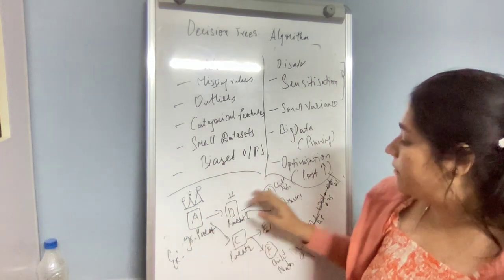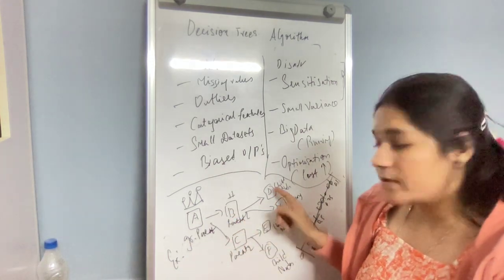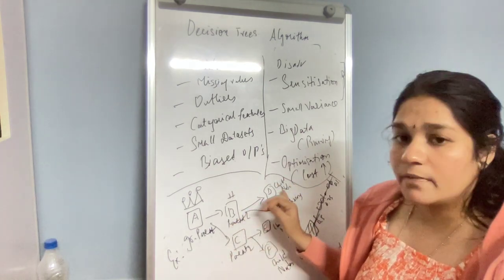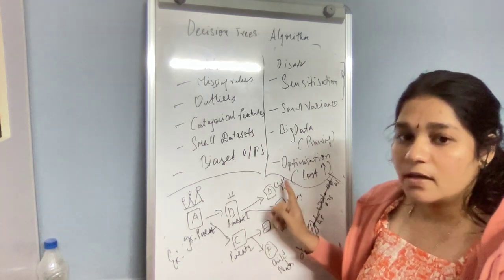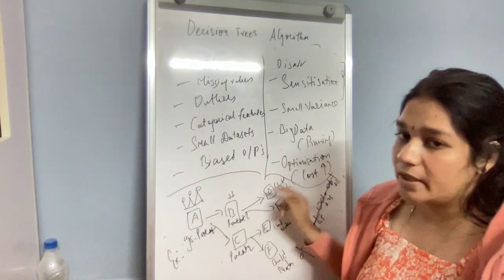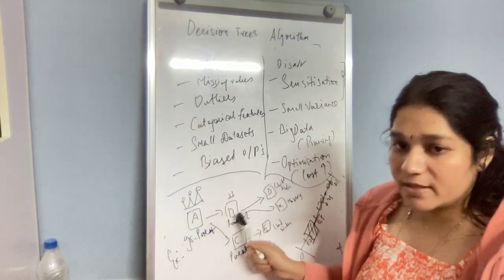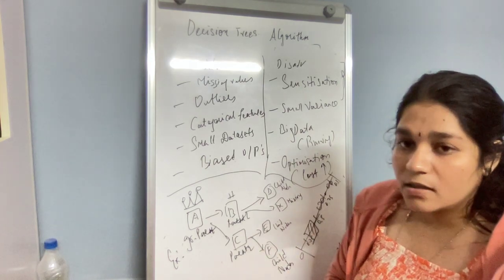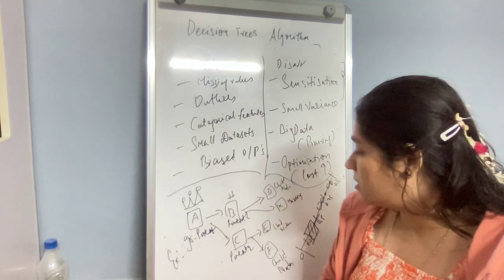Suppose in this branch the parent is B and the child is also B. Then the decision tree won't travel over here to see if the child is not D but B, because the entropy for this particular node would be 0, so it will not even consider going there.